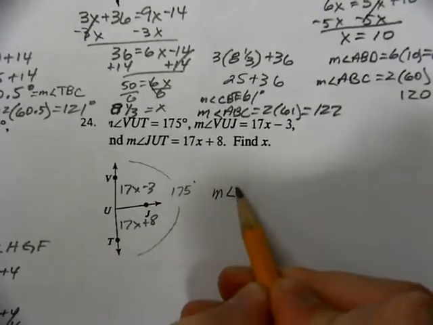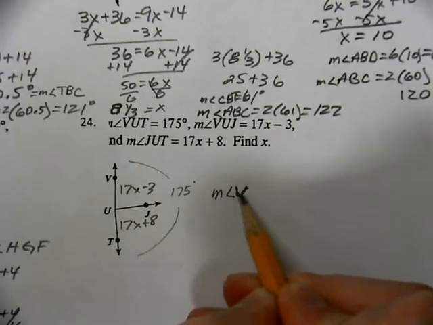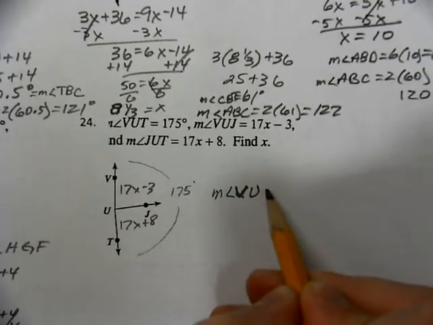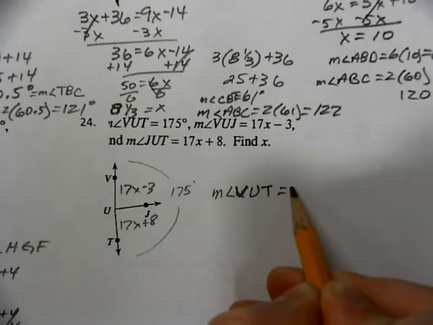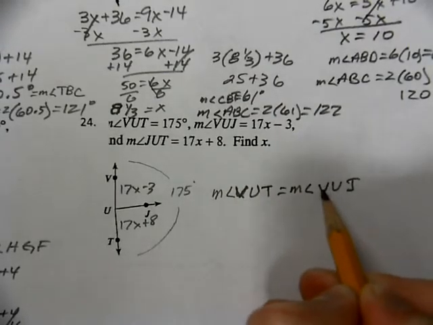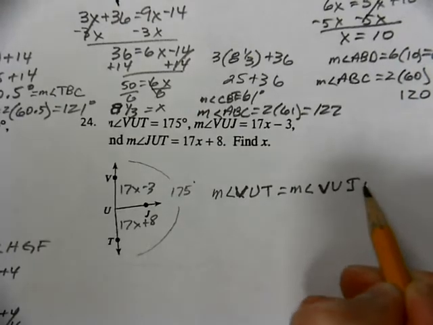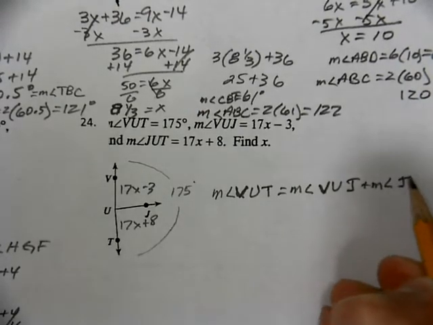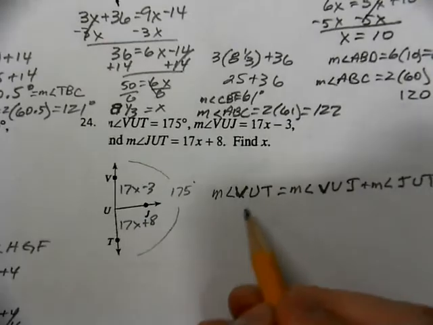So we have the measurement of angle VUT to equal the measurement of angle VUJ plus the measurement of angle JUT.